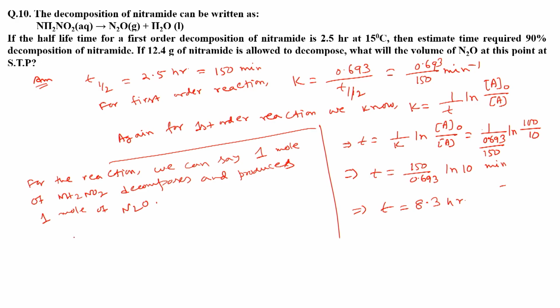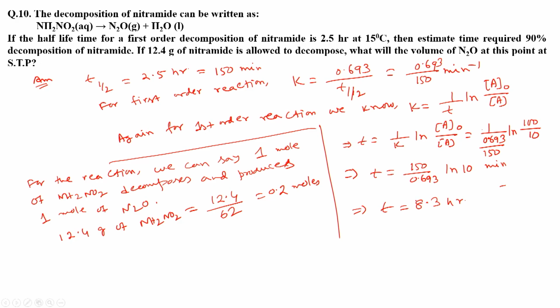Okay, so moles of NH2NO2. 12.4 gram of NH2NO2 means how many moles? So 12.4 by 62. The molar mass of NH2NO2 is 62 grams. So we get 0.2 moles, right.